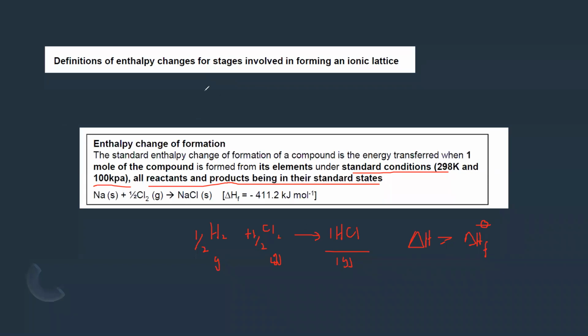Like another example, the idea is that whenever elements are forming 1 mole of a compound, that reaction's enthalpy change or energy change is known as enthalpy change of formation.